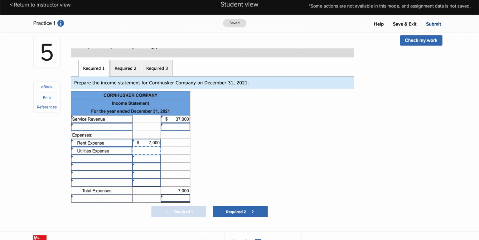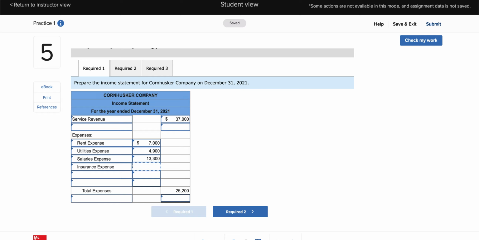and utilities are $4,900. Then I move down to salaries expense. Salaries expense is $13,300. And then finally, insurance expense.